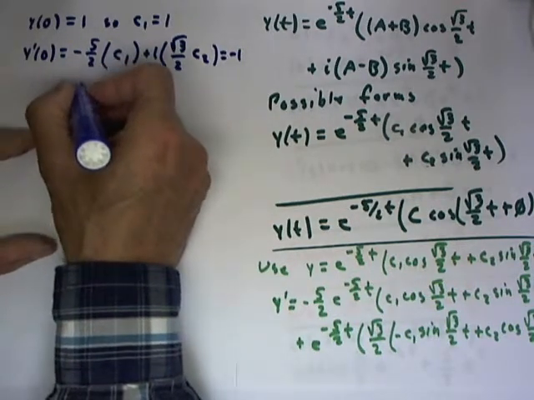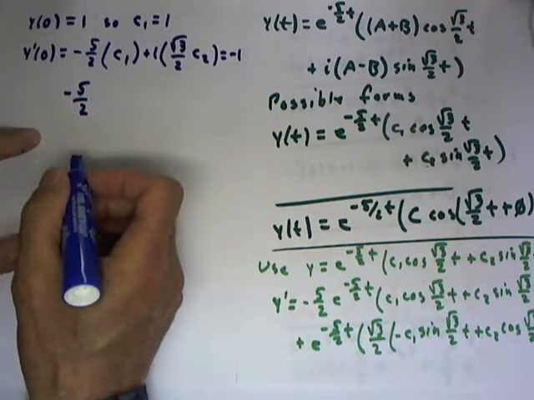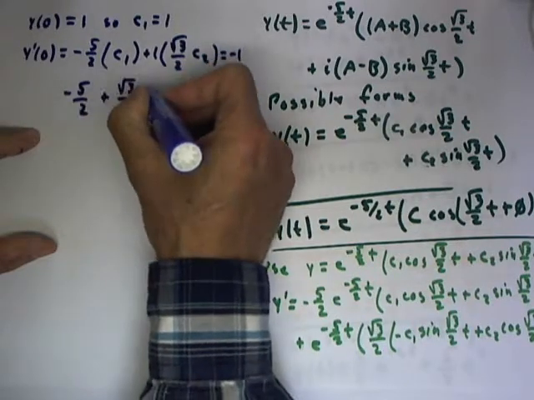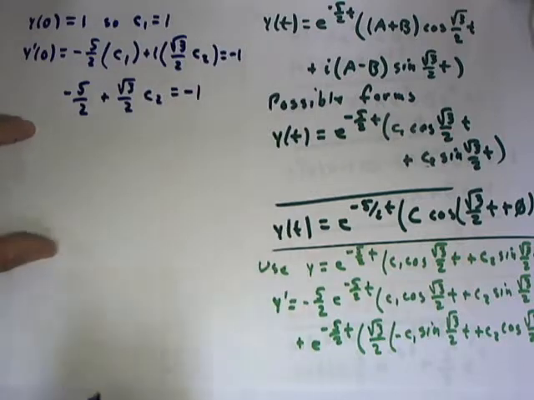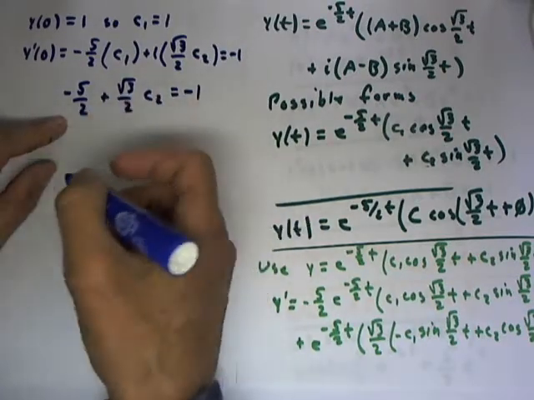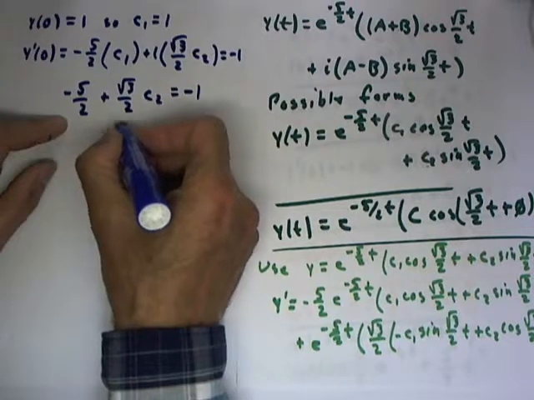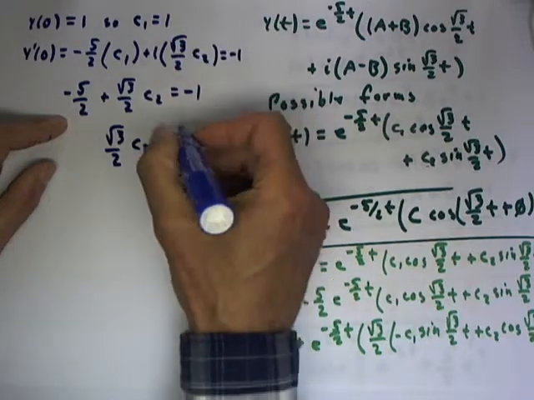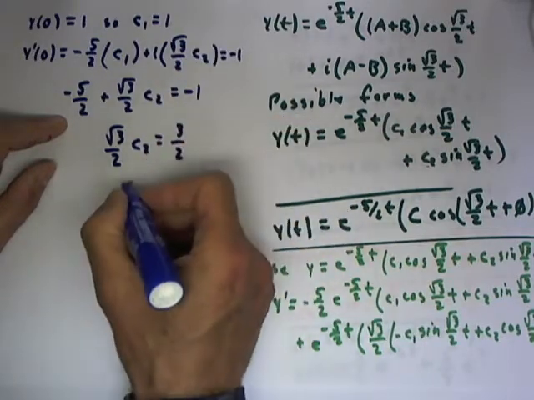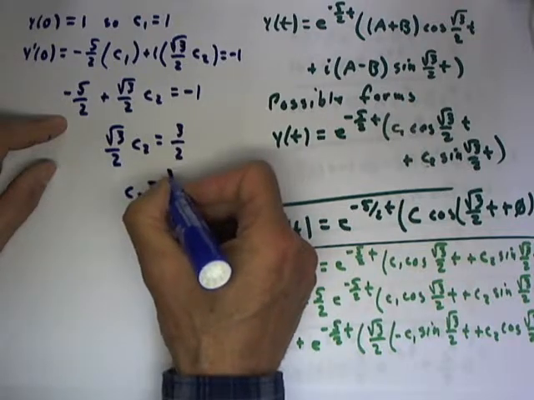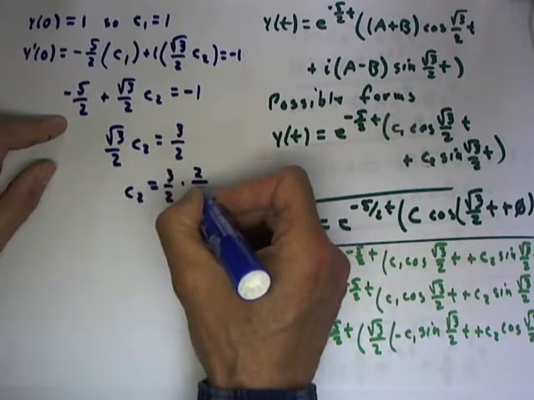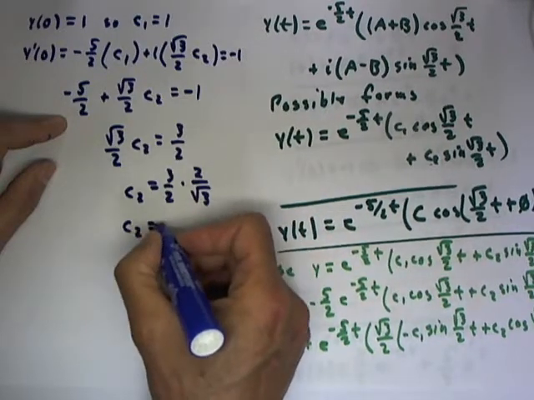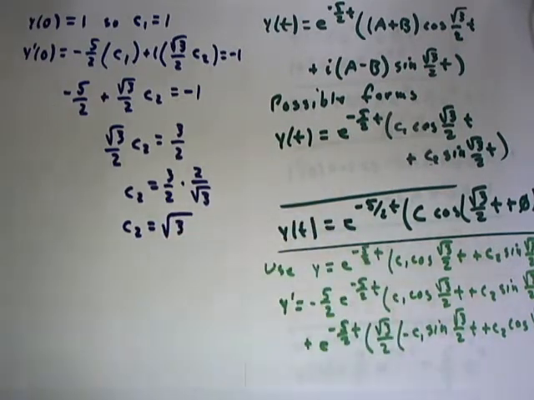So we have just negative 5/2 plus square root of 3 over 2 C2 equal to negative 1. Adding 5/2 to both sides, we get the square root of 3 over 2 times C2 equals negative 1 plus 5/2. Well, that's going to be 3/2. So that C2 is 3/2 multiplied by 2 over the square root of 3, so that C2 is just the square root of 3.